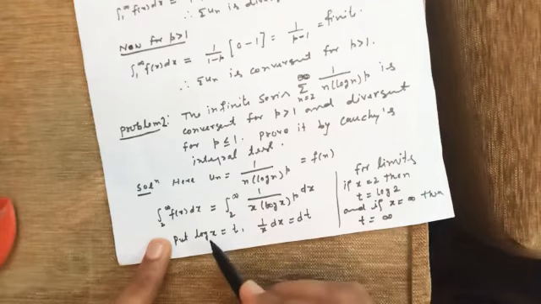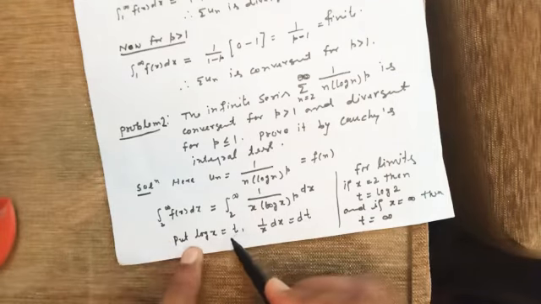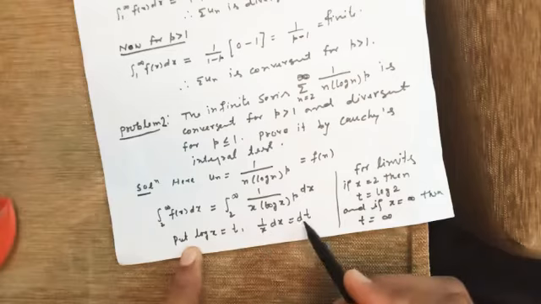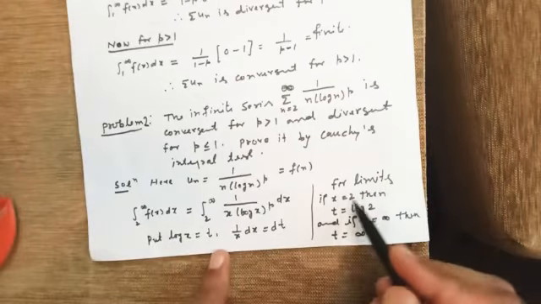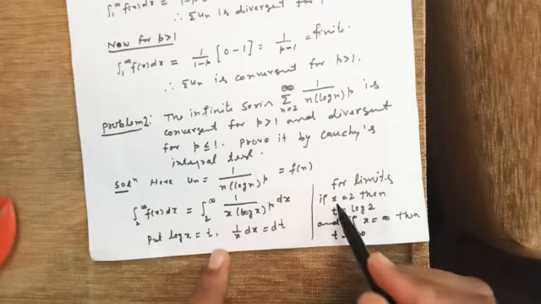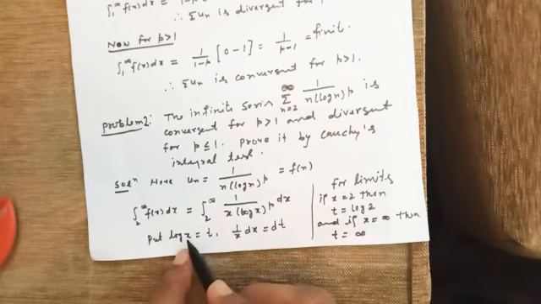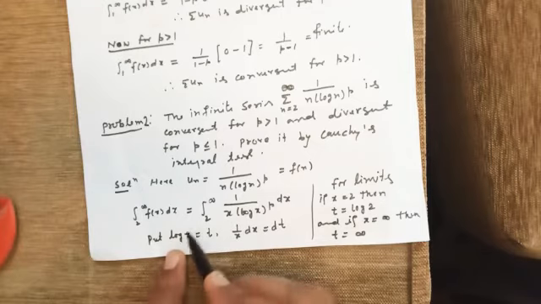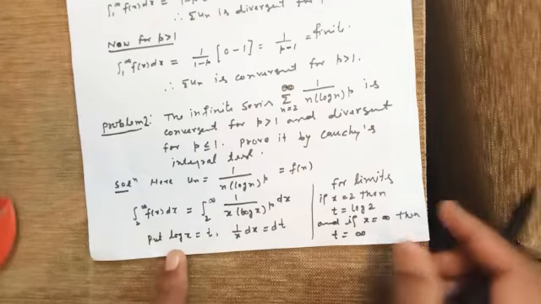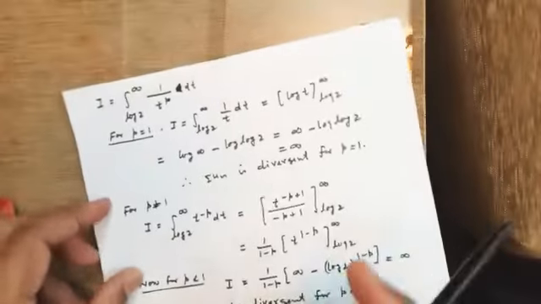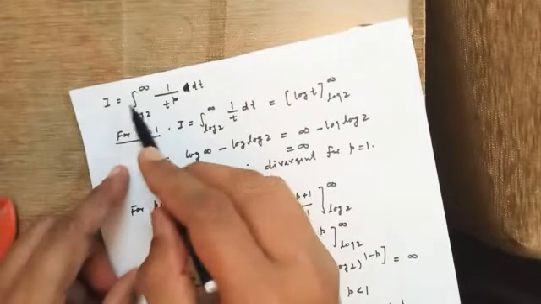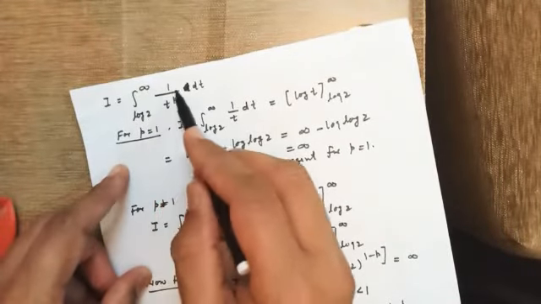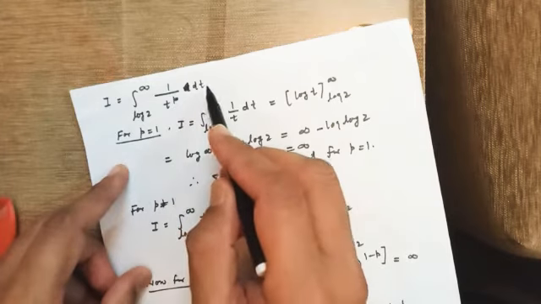So we put log x equal to t. Then 1 by x dx is equal to dt, and for limits of t, if x equal to 2 then t equals log 2, and if x equals infinite then t equals infinite. So our integral will be from log 2 to infinite of 1 upon t to the power p dt.